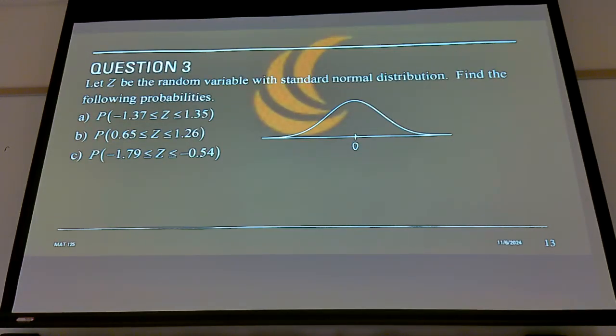Let's call that 0. Probability that z is between negative 1.37 and 1.35. So, maybe negative 1.37 is there, maybe 1.35 is there.